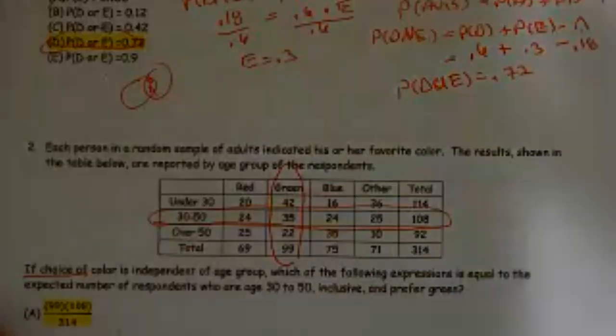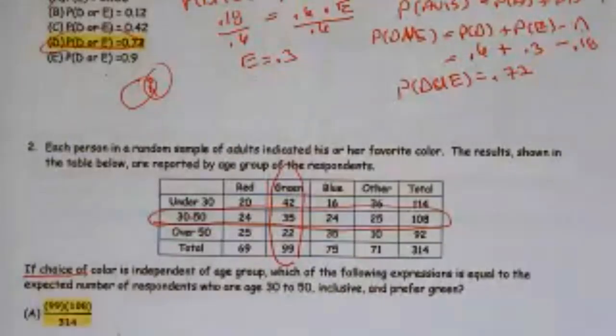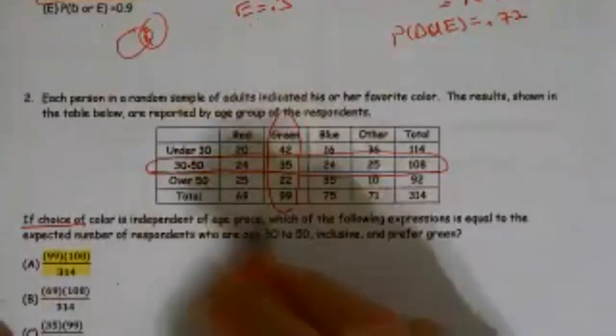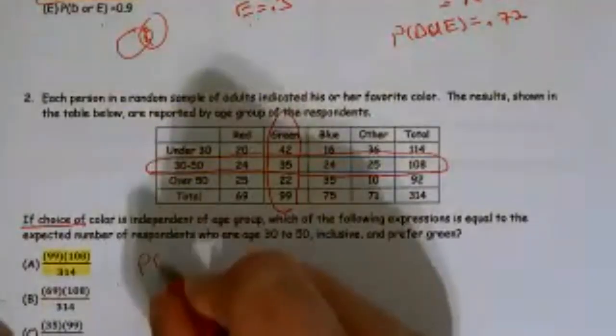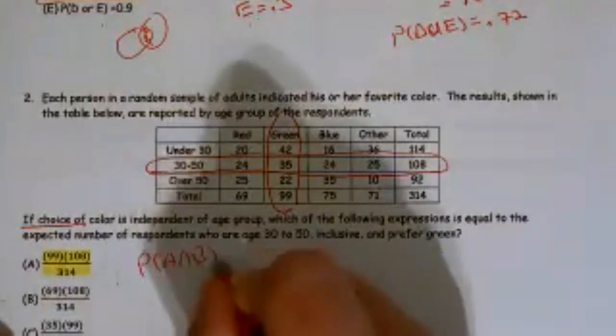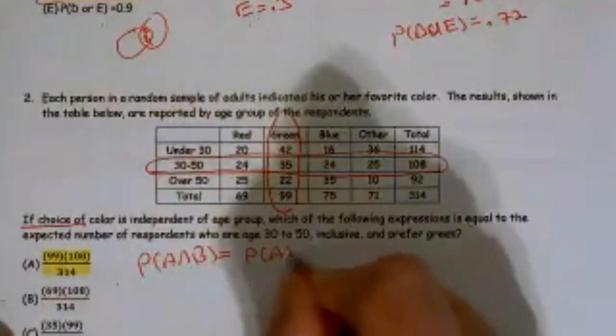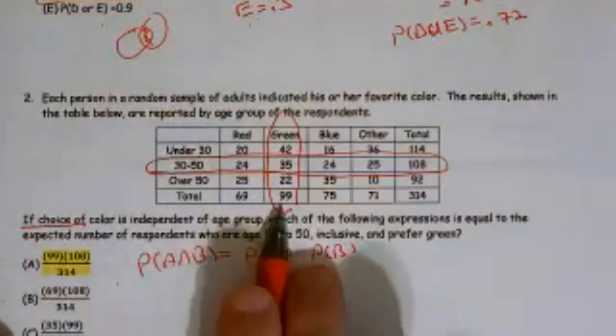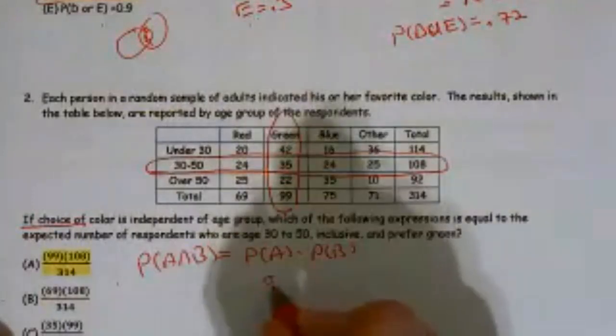Now there's a couple ways to go through this. I'm going to give you the long way initially, then I'm going to show you the shortcut. The long way is to go, you know what? They want independent. If independent, the probability of A and B equals the probability of A times the probability of B. So in this case, the probability of green is 99 over 314.